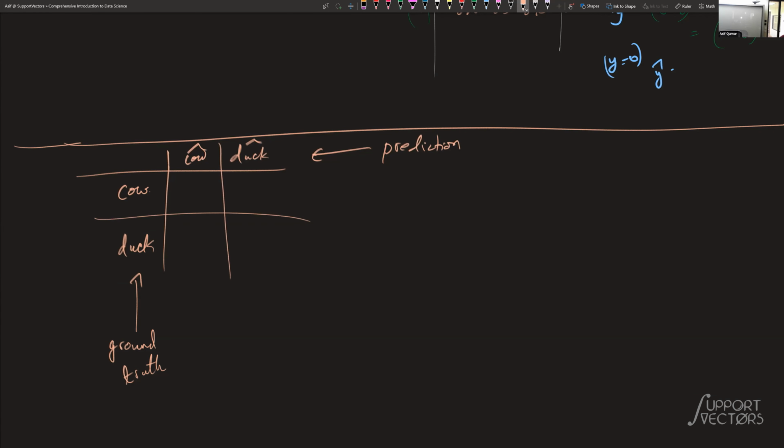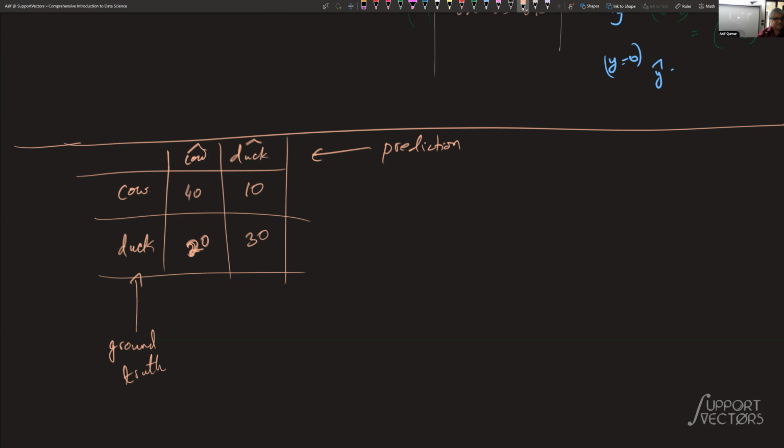Suppose there are 50 cows and 40 of the cows you mark correctly, and 10 of the cows you got wrong. Ducks, you got 20 ducks confused with cows, and 30 ducks you got as duck.